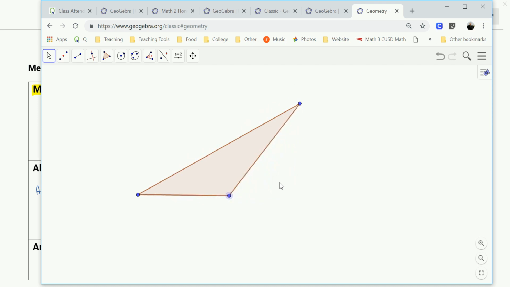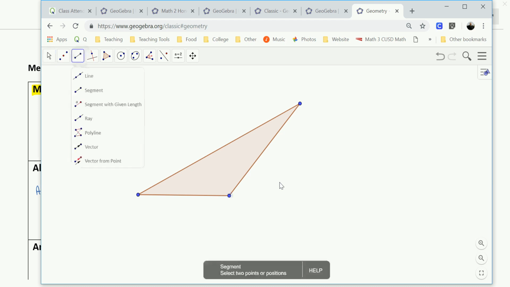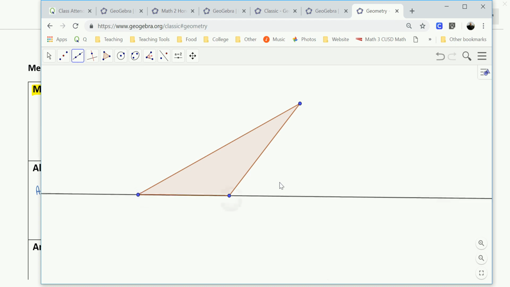It's easier to see it and work with it. But the first thing I'm going to need to do here is construct a line that goes through my base. Okay, so just to extend it, right? And then what I want to do is drop something perpendicular to that line.